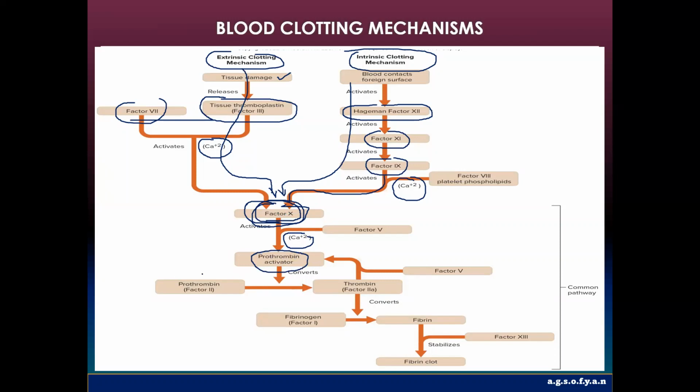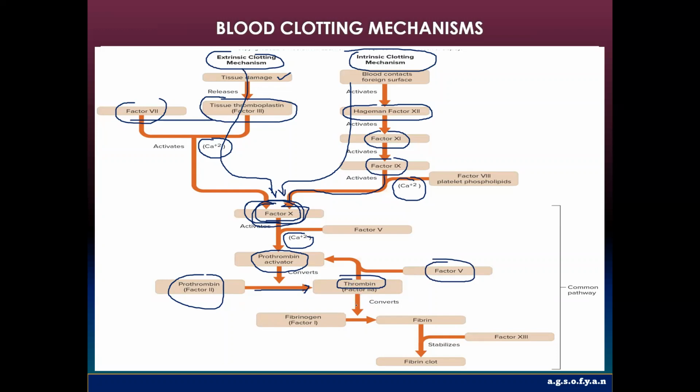So the prothrombin, which is factor number 2, when it is activated will be converted into thrombin, 2A. And we also need factor number 5 over here in order to activate the prothrombin into thrombin.